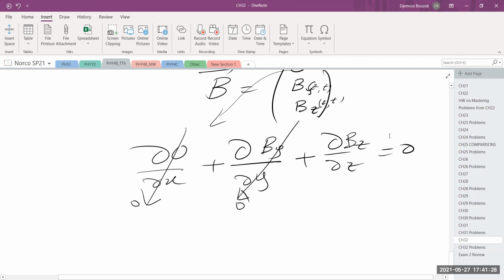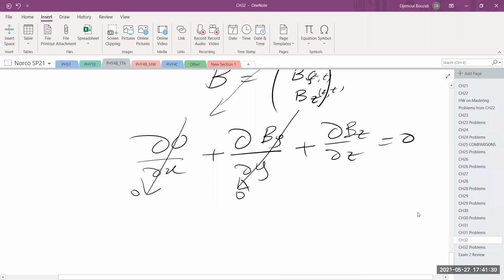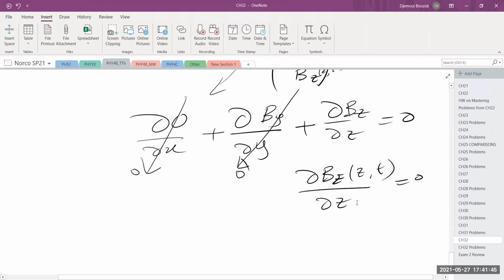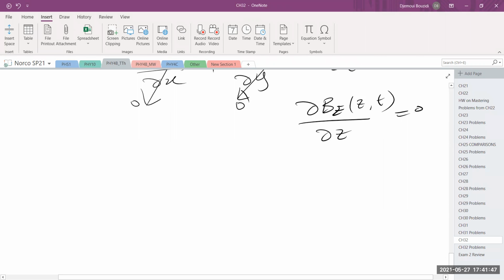So the only thing that's going to remain at the end of the day is the derivative of Bz, which is, I remind you, a function of z and t, with respect to z, equal to 0. The only way this could be true is if Bz does not depend on z, or Bz is equal to 0. That is the only obvious solution.